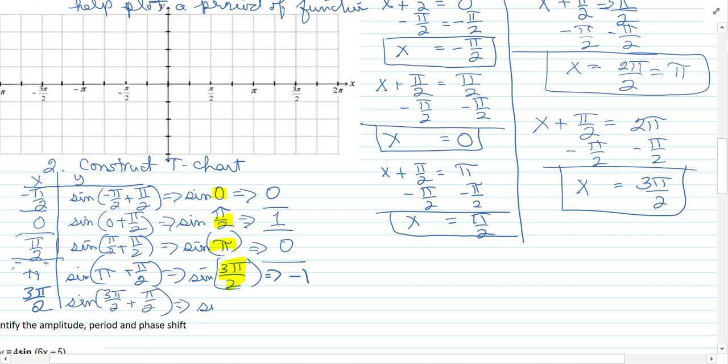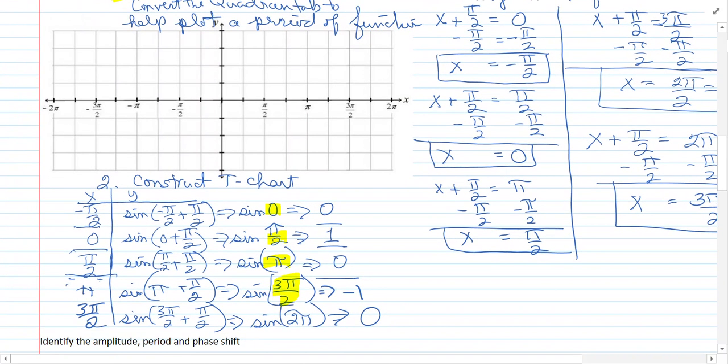That's going to be sine of 2 pi, and that's going to give me 0. There you have it. So now we want to plot those points.